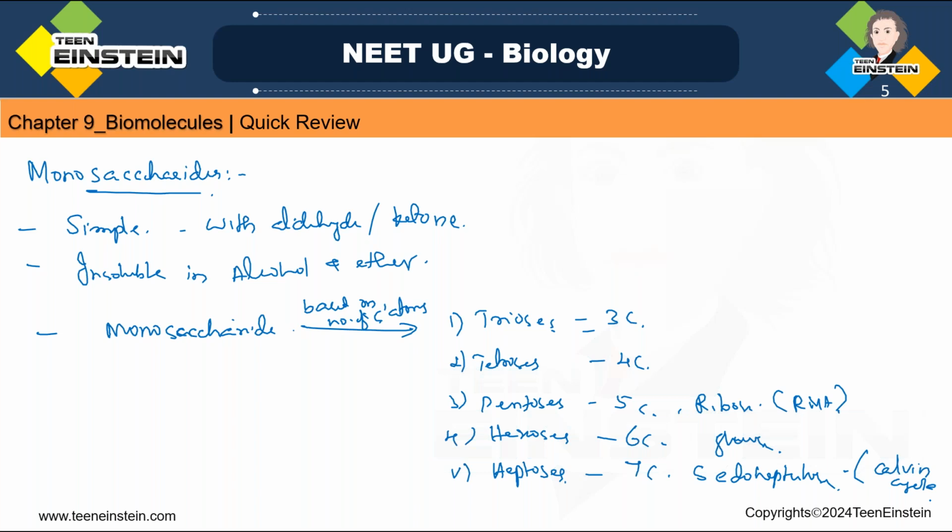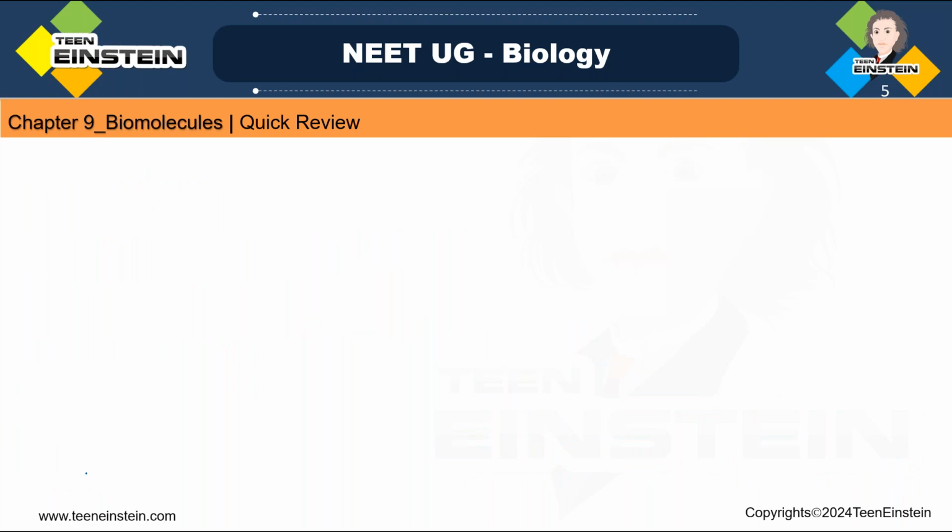See here, these many points I mentioned, all these are previous year questions. That's why I especially mentioned everything. All these questions came in different years. So next is about oligosaccharide. Oligo means few, saccharon means sugar.